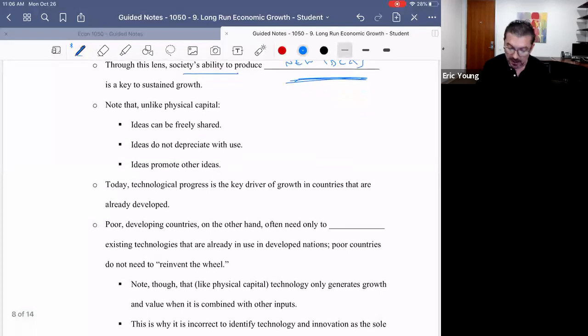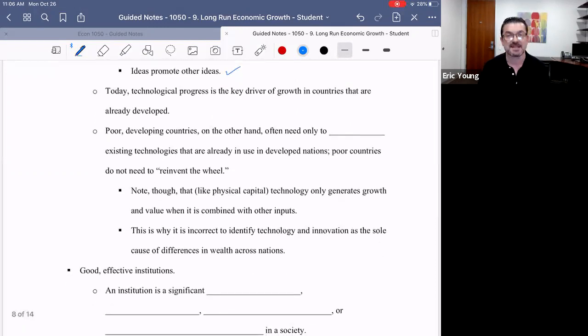Because notice that, unlike physical capital, ideas can be freely shared. Ideas do not depreciate. And critically, the presence of one set of new ideas usually promotes other new ideas. So ideas build on themselves. Knowledge builds on itself. Innovation builds on itself. And that's powerful.